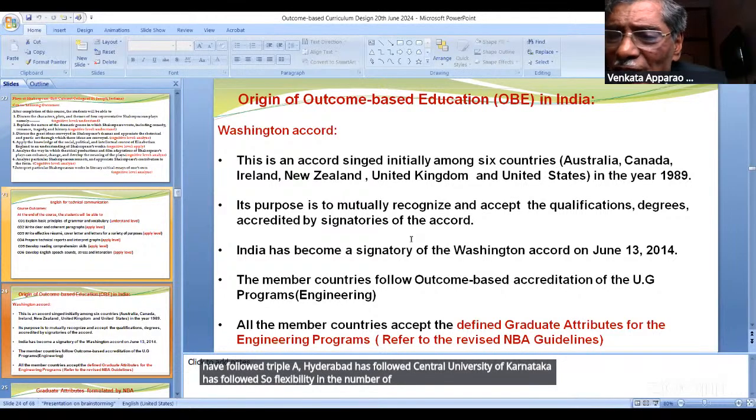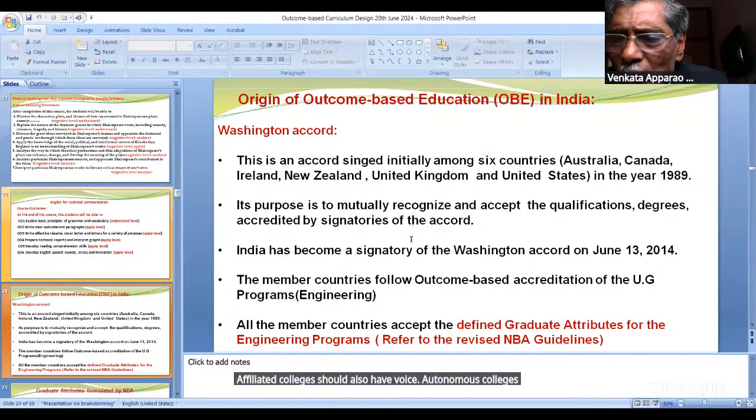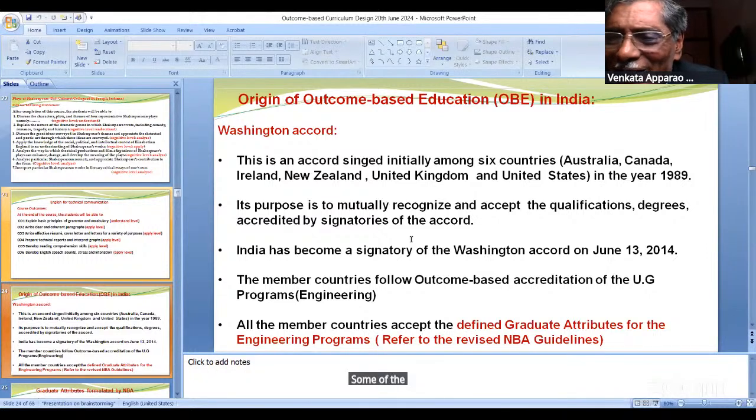So your university, I mean, the affiliated colleges should also have a voice. Autonomous college principals also should have a voice to express good things. Universities also have to learn from autonomous colleges and affiliated colleges. I know some of the autonomous colleges' syllabi are much better than the university syllabus.